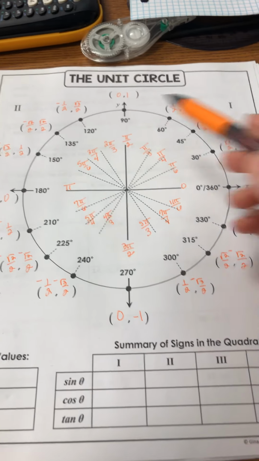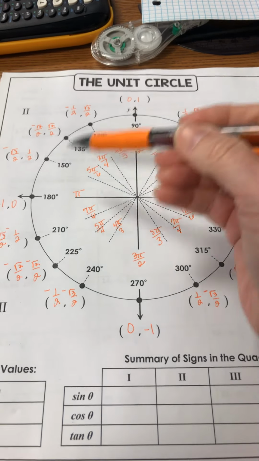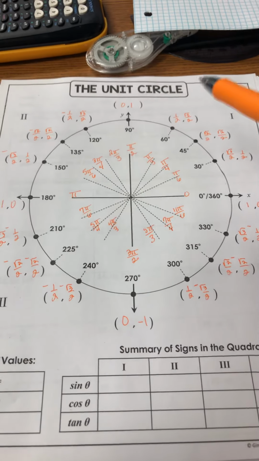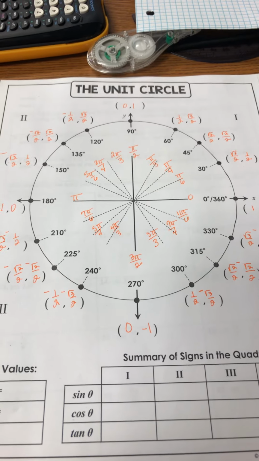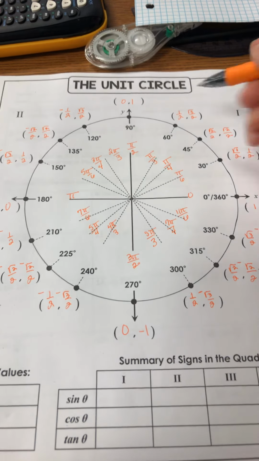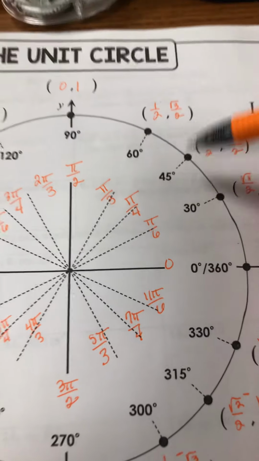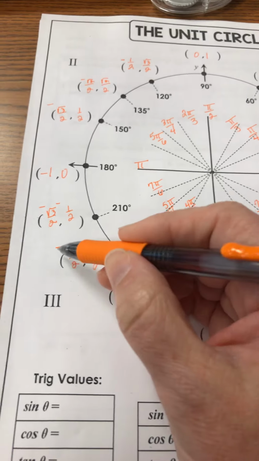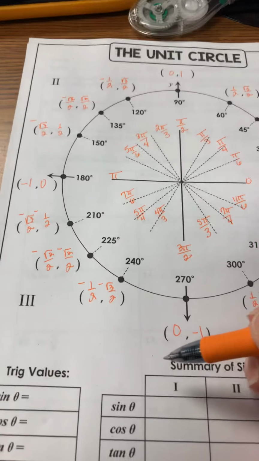You need to memorize all of this. Memorize your degrees, memorize your radians, and memorize these ordered pairs, okay? Because that way, if you already know what they are, then when I ask you, what's the sine of 60 degrees? Oh, it's the square root of 3 over 2. What's the cosine of 225 degrees? Oh, it's the negative square root of 2 over 2.